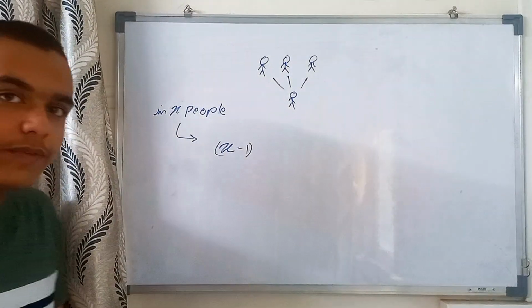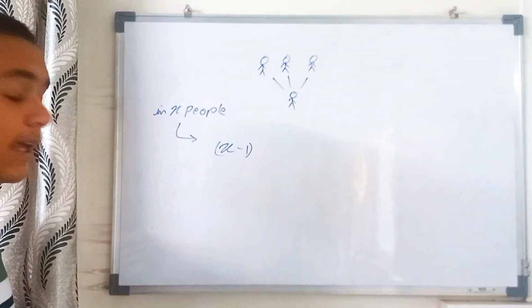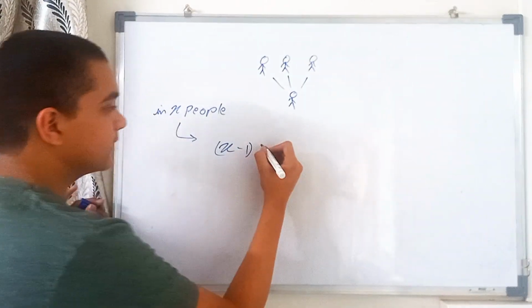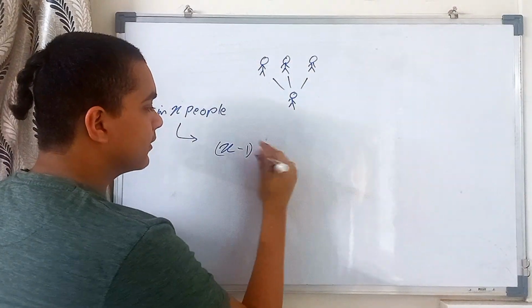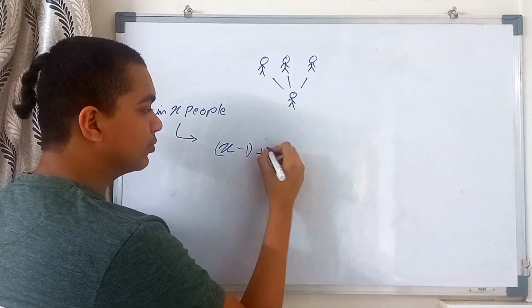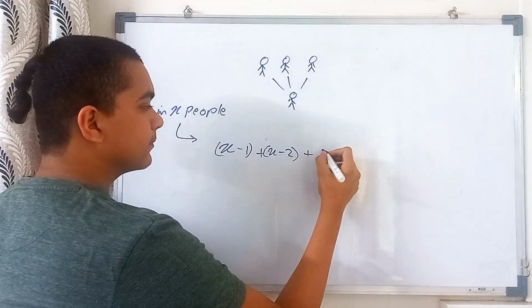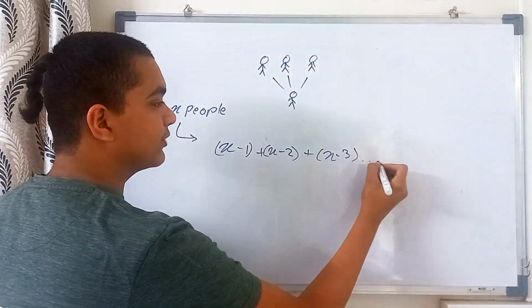Then that person goes away from the room, the other person comes in, and there is one less person he has to shake hands with. So that's x minus 1 plus x minus 2 in brackets, and that goes on, x minus 3, etc.